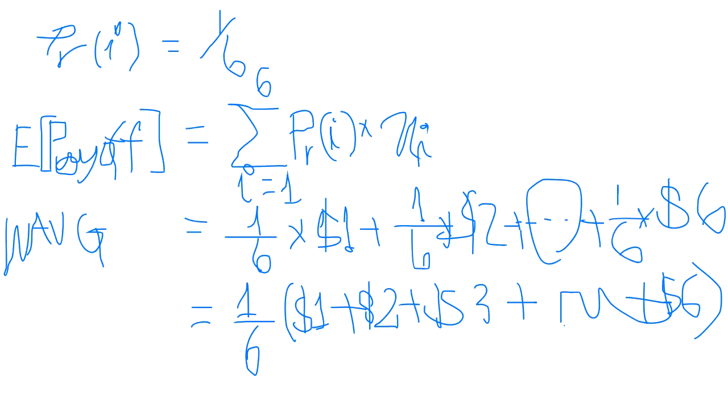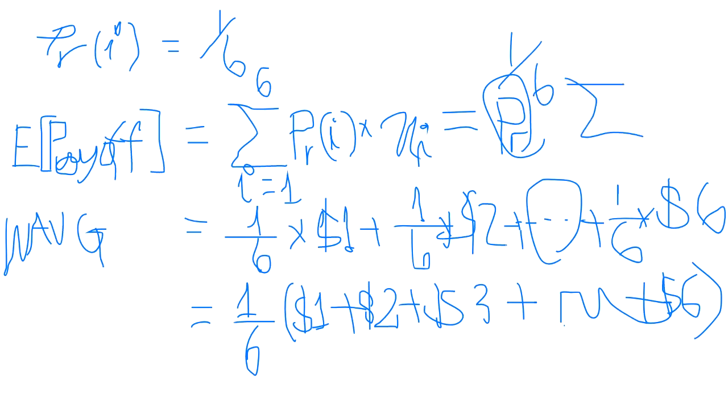In this case, you can factor out the common factor, which is 1 over 6, and then you sum all the numbers running from 1 through 6.